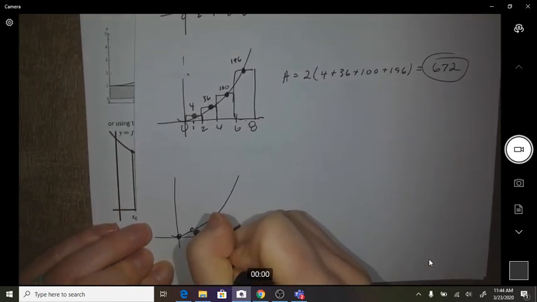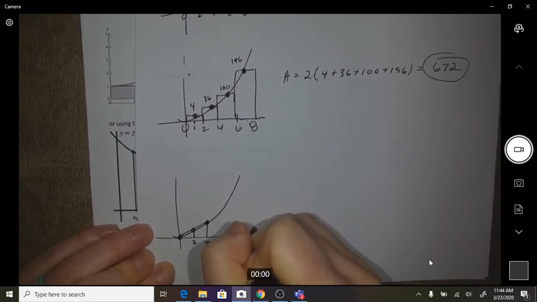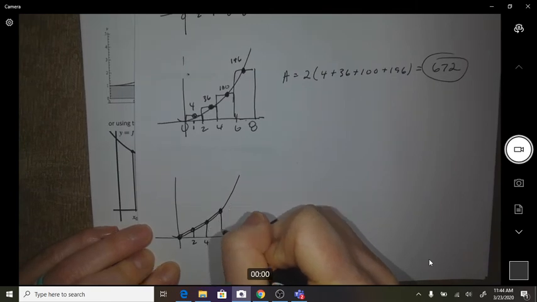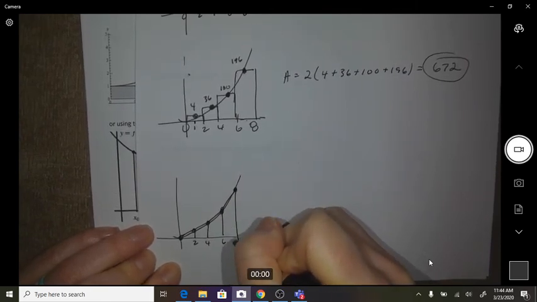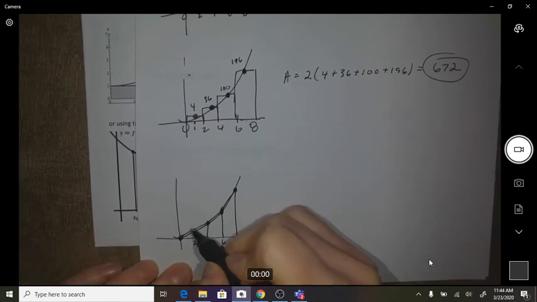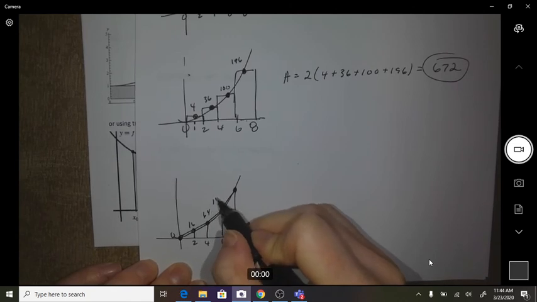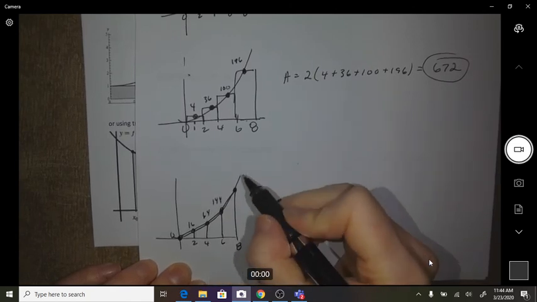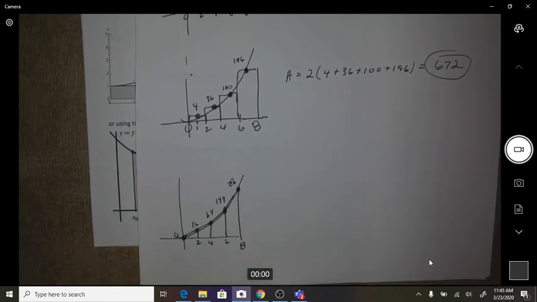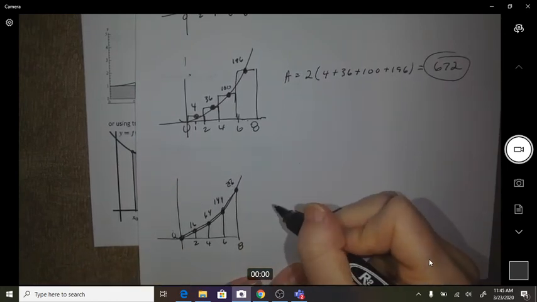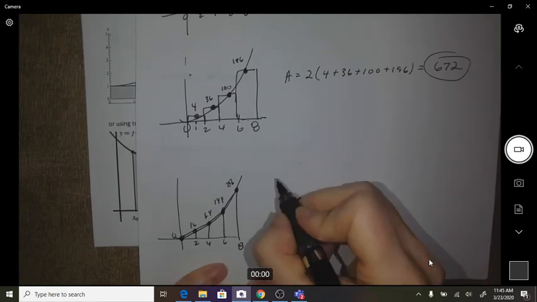Okay, let's do trapezoids. So 0 to 2, 2 to 4, 4 to 6, and 6 to 8. We have all our heights from up here: 0, 16, 64, 144, and at 8 it's 256. I'll do the long way with you here.